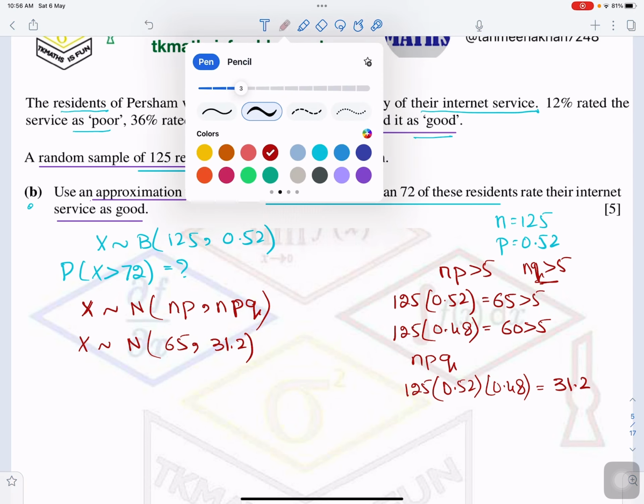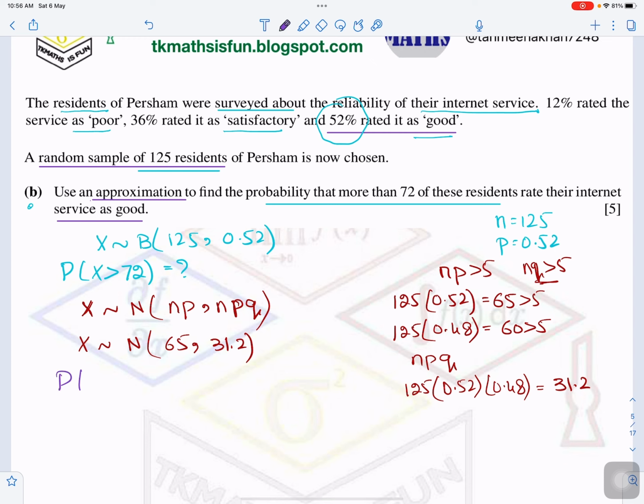Now let's get back to the question. We have to find the probability of x greater than 72. This is basically for the binomial, which is discrete data, and the normal uses continuous data. So now you have to apply continuity correction here.